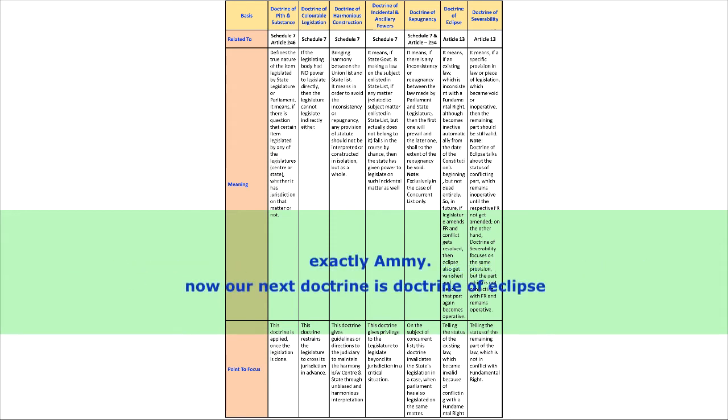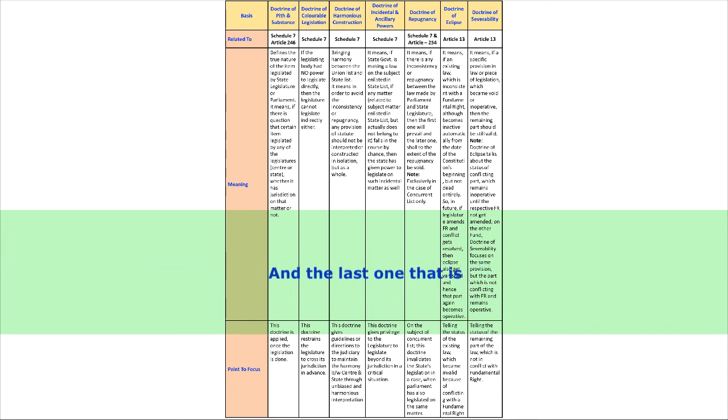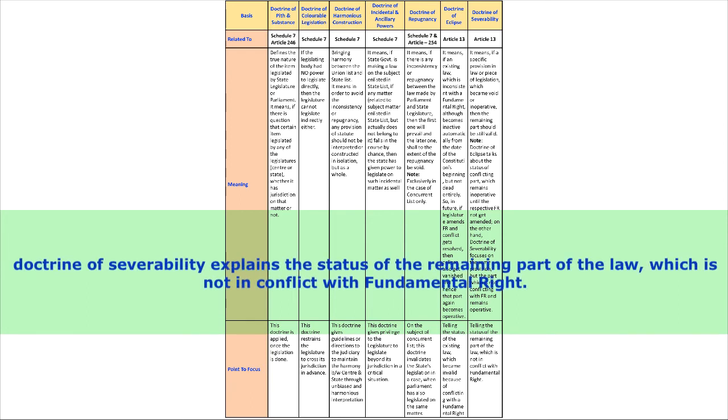Exactly, Annie. Now our next doctrine is the Doctrine of Eclipse. It explains the status of the existing law, which became invalid because of conflicting with a fundamental right. And the last one, that is the Doctrine of Severability, explains the status of the remaining part of the law, which is not in conflict with the fundamental right.